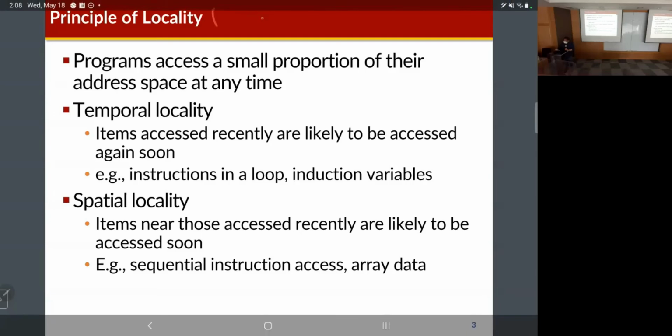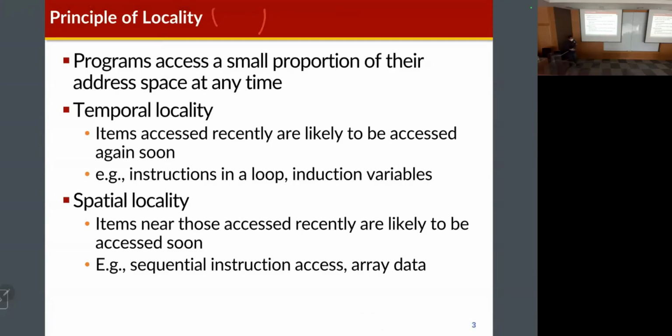Locality means that if some data is frequently accessed, then we can access the same data or neighboring data repeatedly in the future. That's the definition of locality in a computer system.